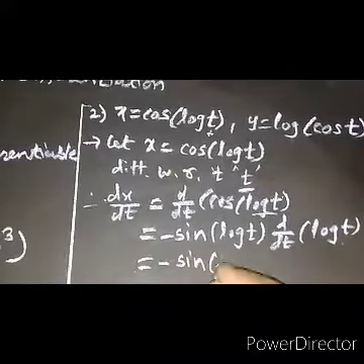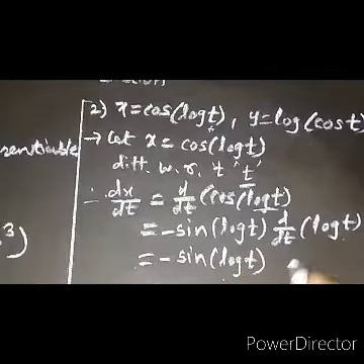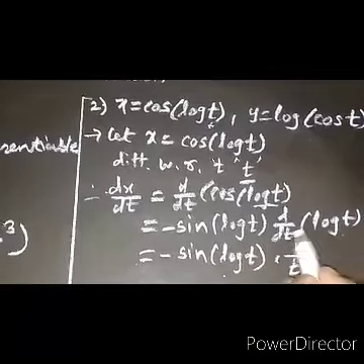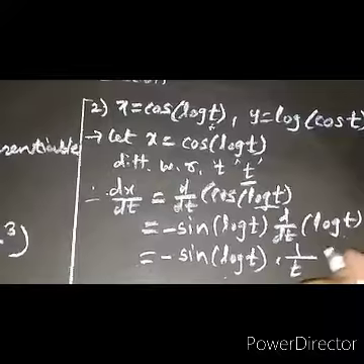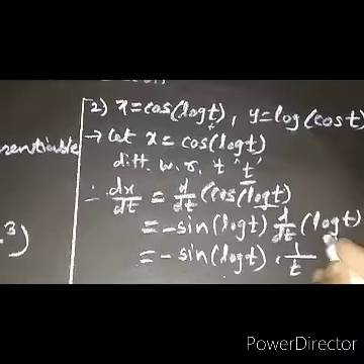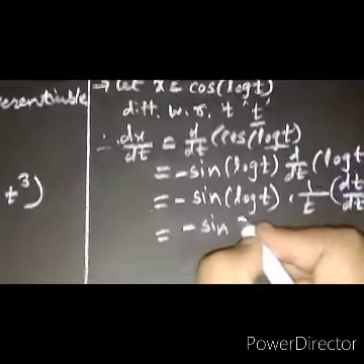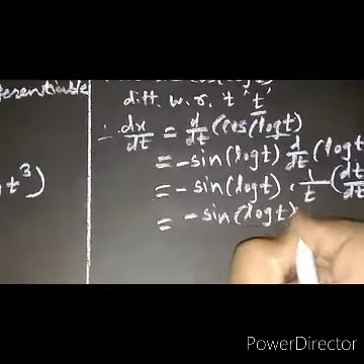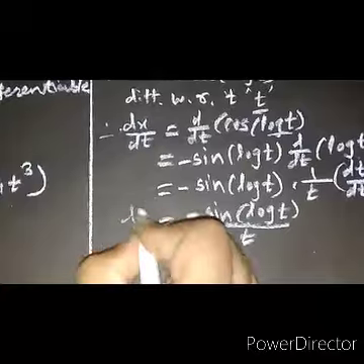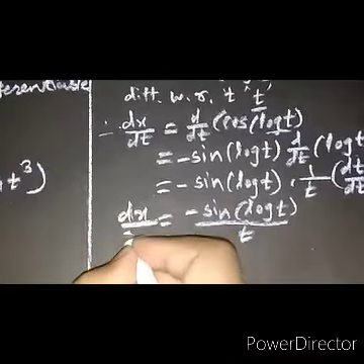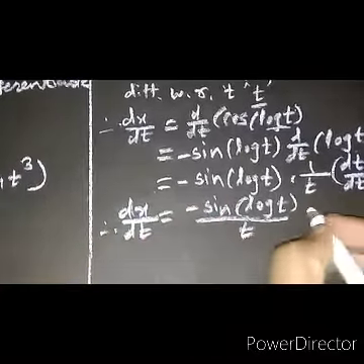So minus sin log t into 1 upon t, and again derivative of t with respect to t is 1. So here we got minus sin log t upon t. This is the derivative of x with respect to t. For this we can say equation number 1.